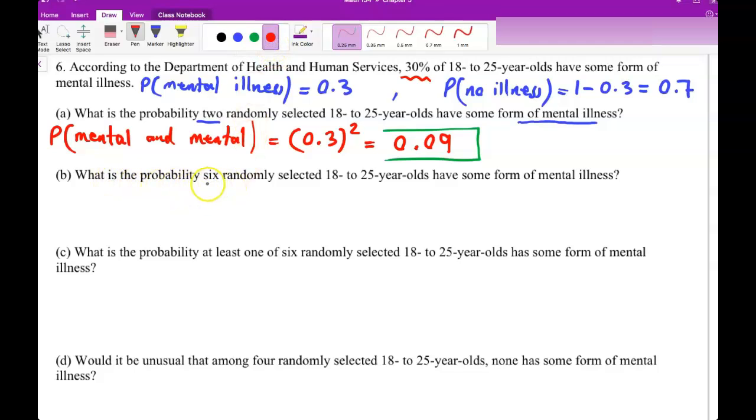Now the next part, what is the probability that 6 randomly selected have some form of mental illness. So again, exactly the same as that, but now instead of power 2, here we have 6, because that one was 2 randomly selected. Here 6 are randomly selected. Instead of writing mental and mental and mental, I'm writing 6 mental illness.